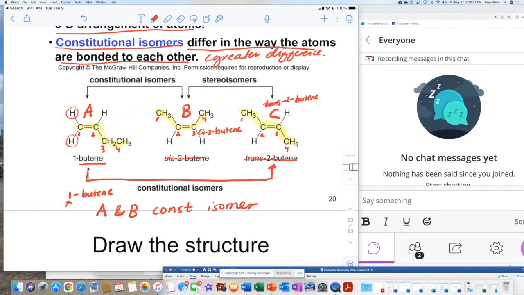The double bond is in a whole new location, right? A and C is also a constitutional isomer for the same reason, right? A and C. So they show you right here. A and C. Oh, that was the first one I showed, my bad. And then A and B right here. I am ahead of them or they're behind me. But then B and C, these are stereoisomers because you see their name is alike except for the cis and trans.